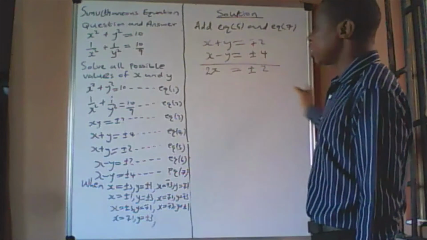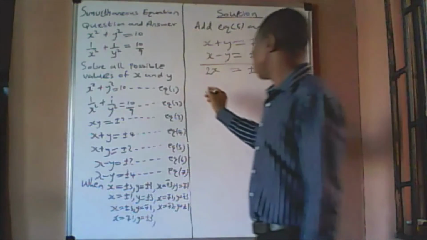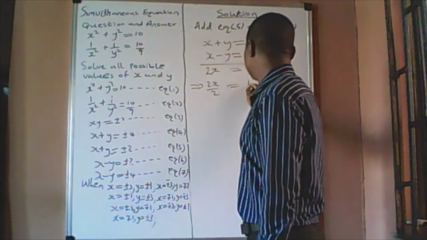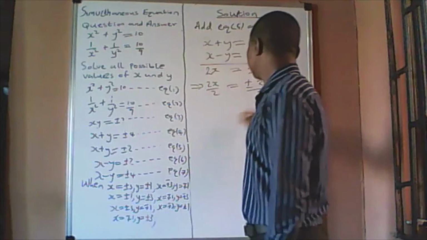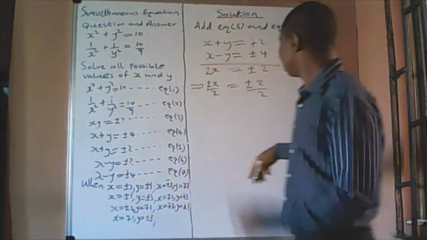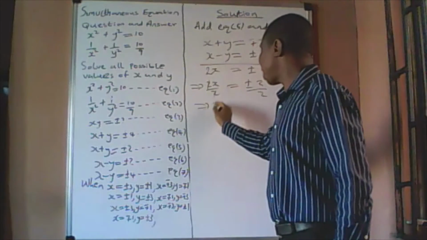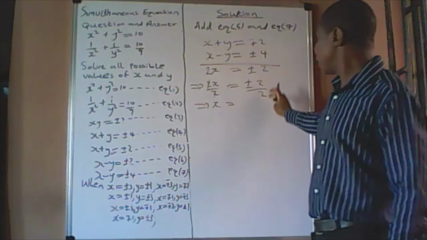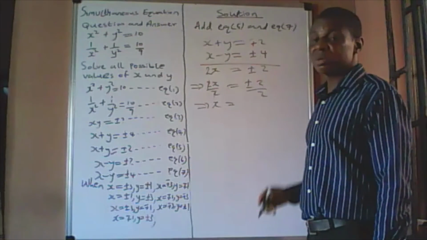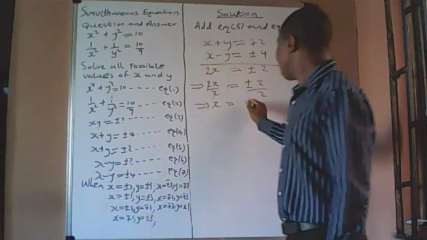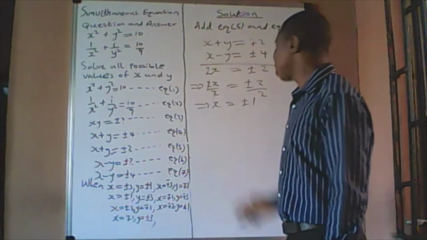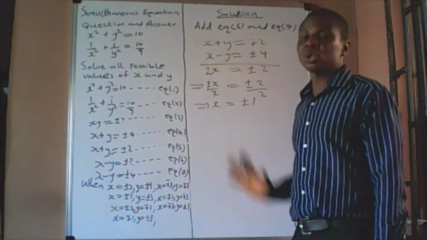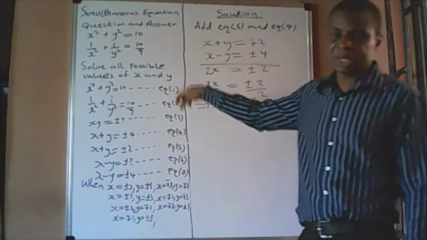We divide both sides by 2. We get this. We cancel this. It makes x equal to, then 2 divided by 2 will give us 1. Then we have plus or minus 1. Then according to the value of x equal to plus or minus 1, I'm going to substitute it into equation 3.